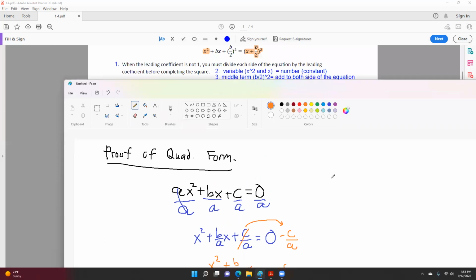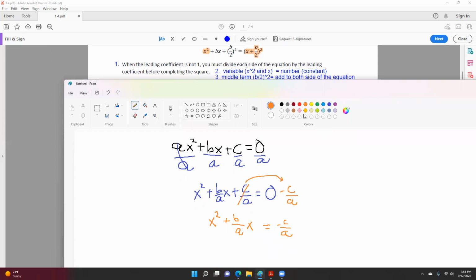Then the third step is where you take your middle term, b over a, divide it by 2, and square it. Now this is where it gets a little tougher. Then you add the result to both sides.